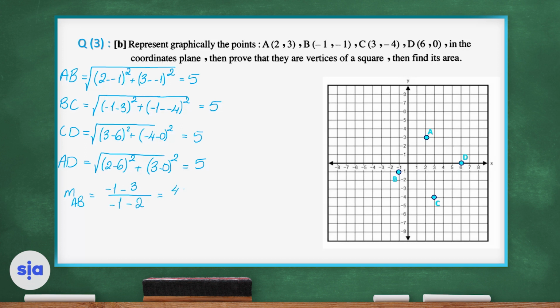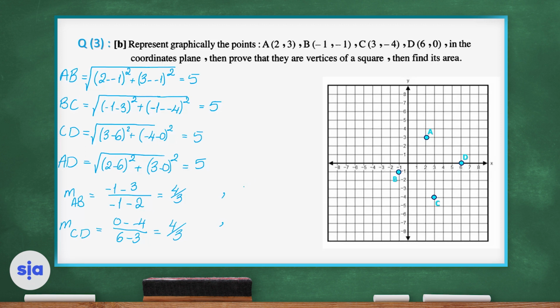So it's equal to 4 over 3, where the slope of CD, the opposite side to it, is 0 minus negative 4 over 6 minus 3, which is 4 over 3.